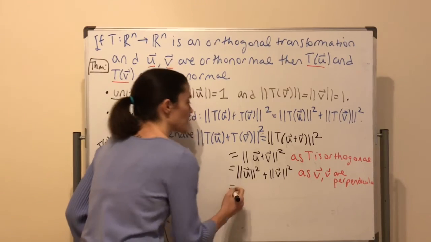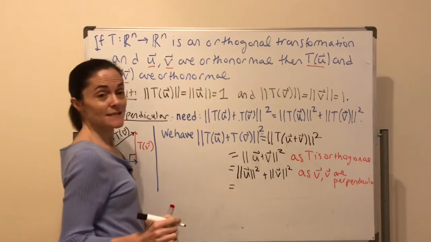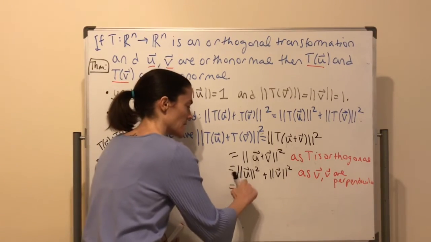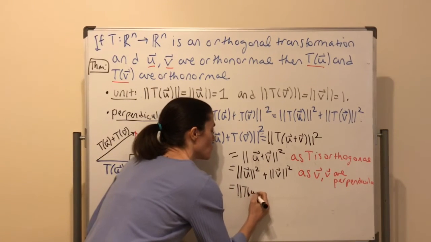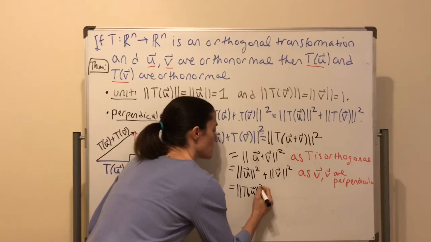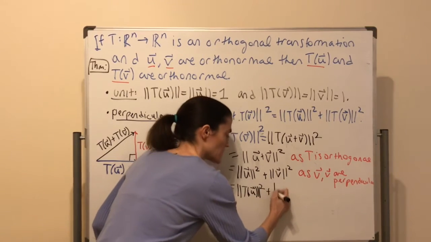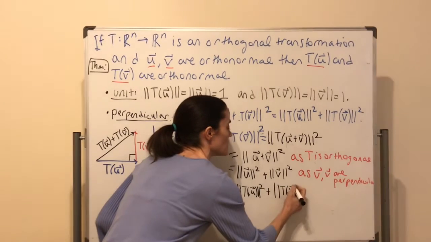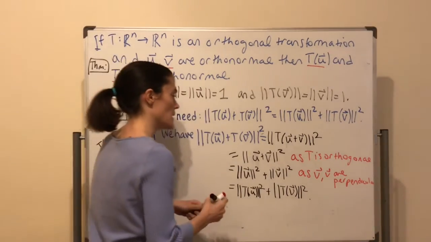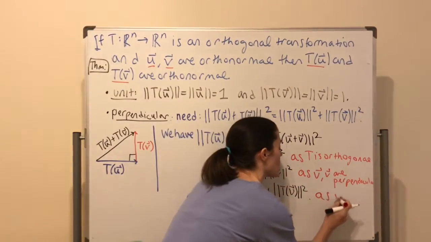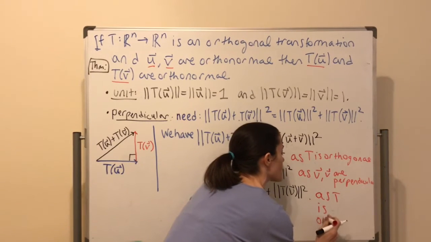And then I'm going to use one more time that T is orthogonal, that this length squared is equal to the length of T of U squared, and this length squared is equal to the length of T of V squared, and this again as T is orthogonal.